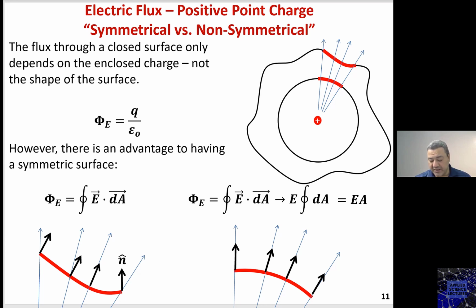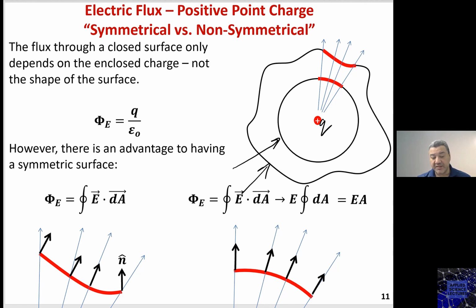So for me, this surface that looks like a sphere and encloses this Q has the same flux as this surface. It doesn't matter the shape of the closed surface when it comes to calculating the net flux.